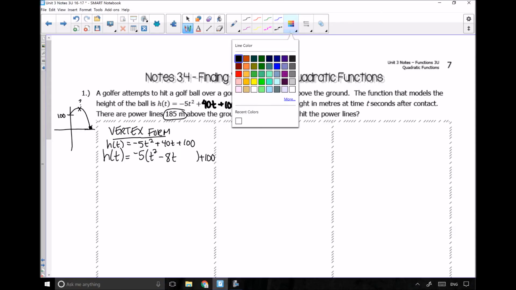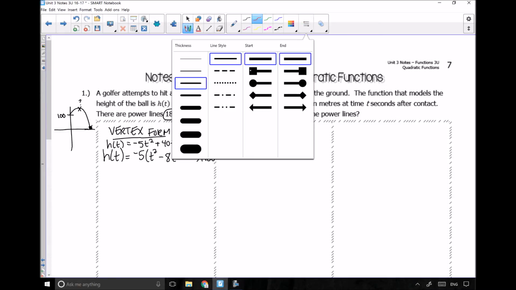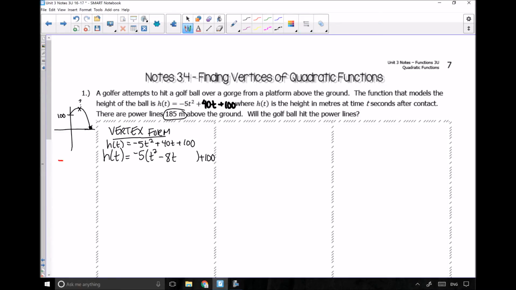Now, on the side over here, I'm going to complete the square. So in order to complete the square, I'm going to take negative 8, divide it by 2, and then I'm going to square it. So I end up getting negative 4 squared, which is 16. So what I'm going to do is I'm going to add 16, but then I'm going to subtract 16 to balance that out.